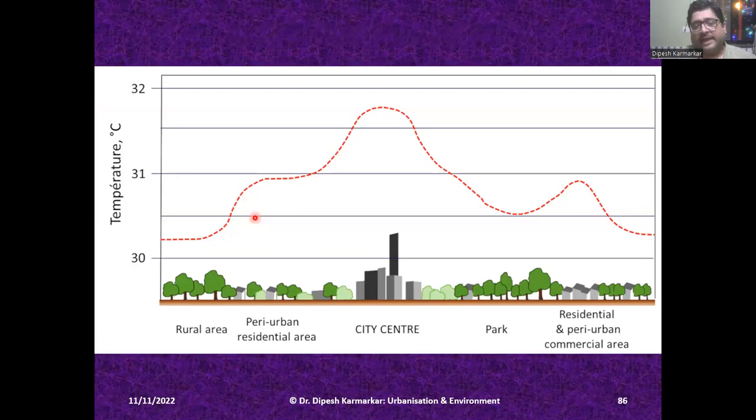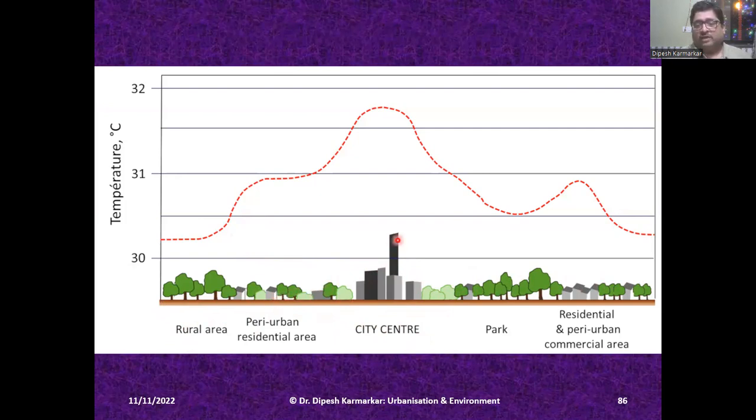Now this particular diagram shows that effect. Please see that on this baseline we have a city center at the center of this graph, and then this city center is surrounded by, as you can see, villages, or you can say forest and villages.